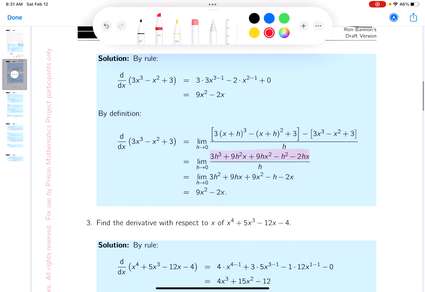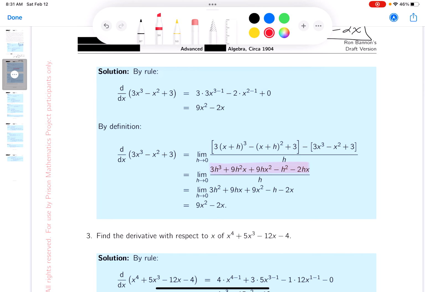I've got to cube that thing. So let's put that down. It's going to be 3 times x cubed plus 3x squared h plus 3x h squared plus h cubed. That's not so bad. Then what do you have over here?